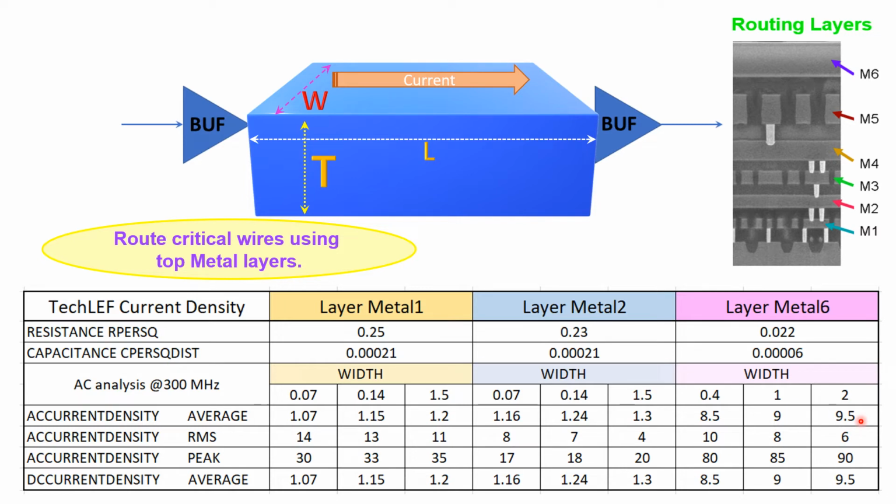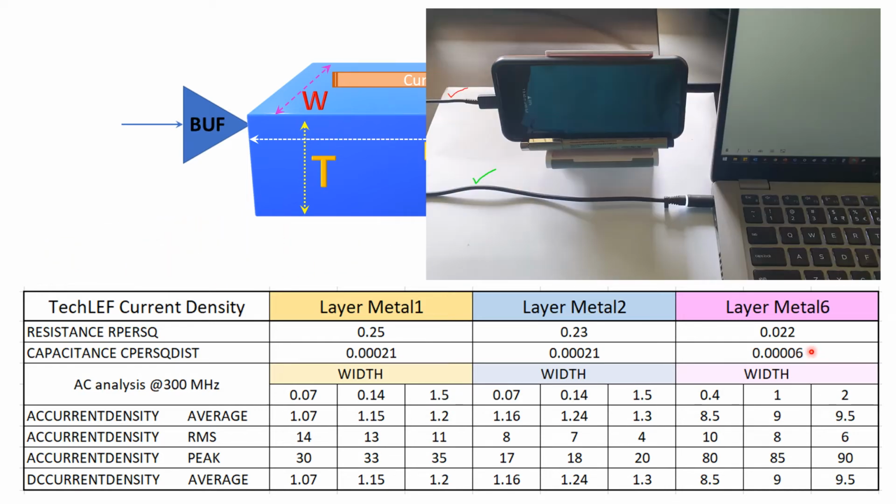That means the AC current density limit is larger for metal 6 because it has higher thickness. If you observe the resistances, they are way lesser, and even the parallel plate capacitance is way lesser.